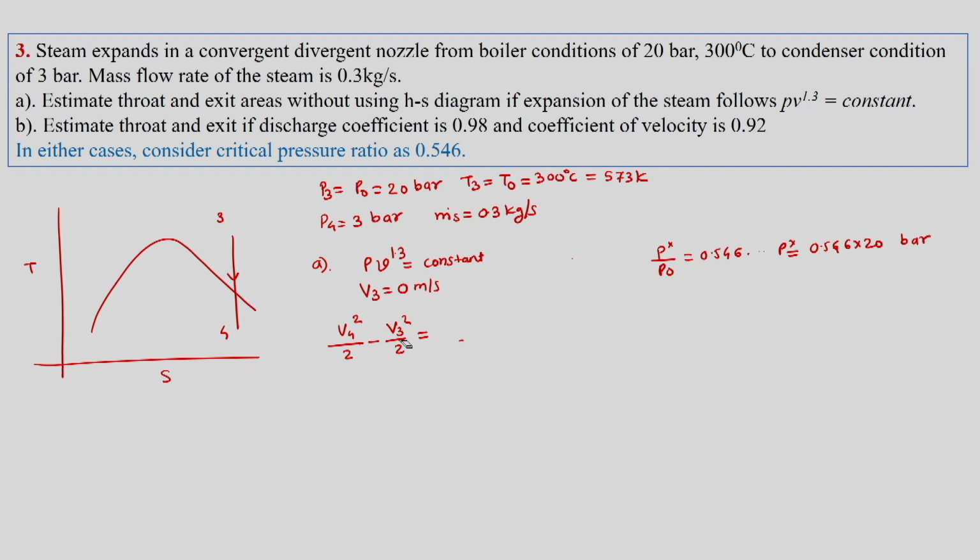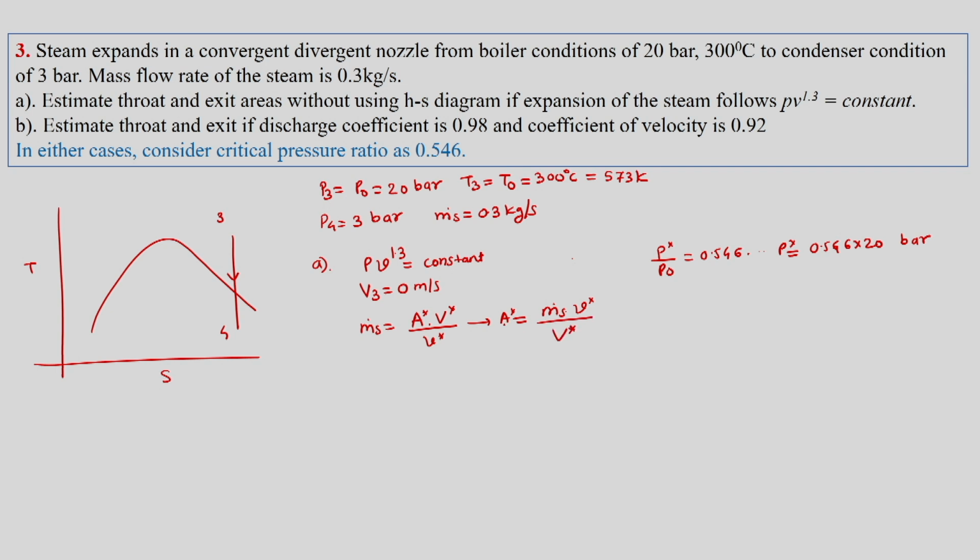For that we know the formula: mass flow rate m dot s is equal to A star into velocity star divided by specific volume star. So A star is equal to m dot s into V star divided by velocity star.